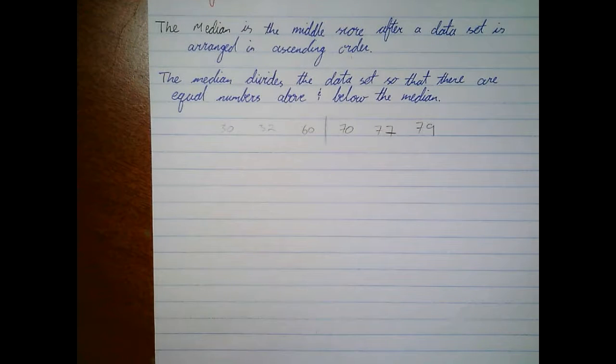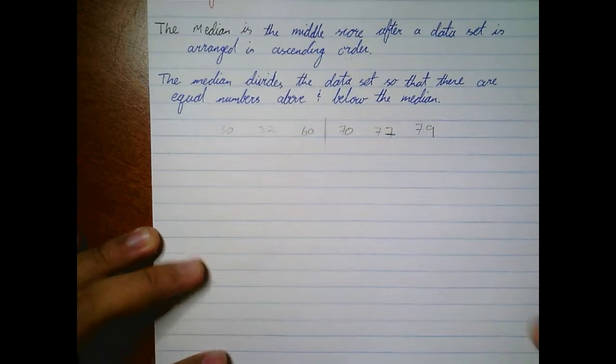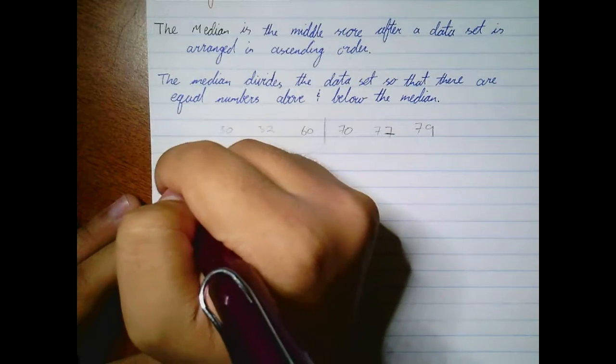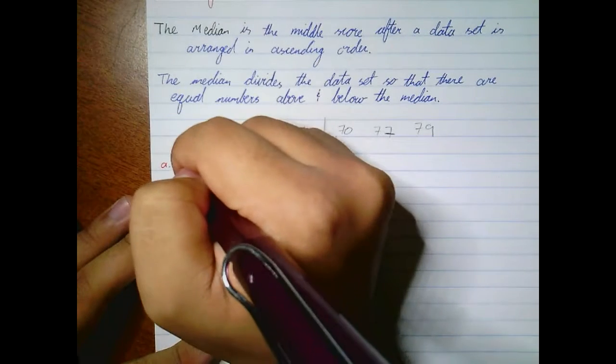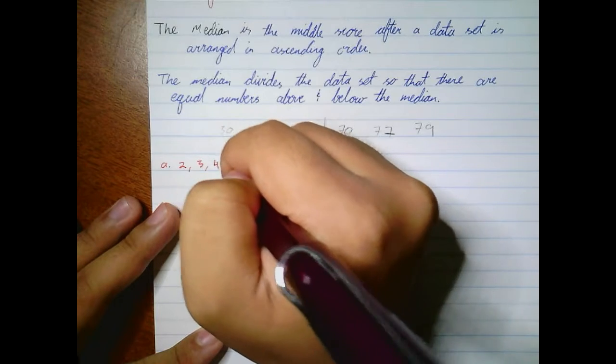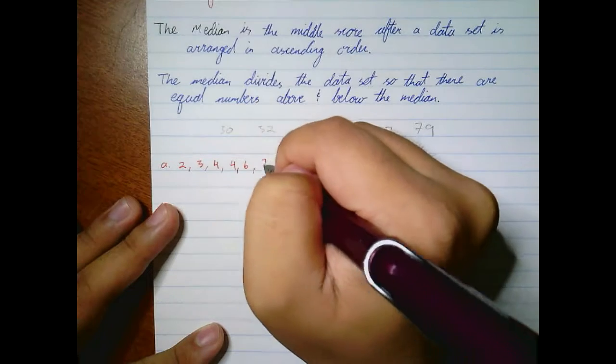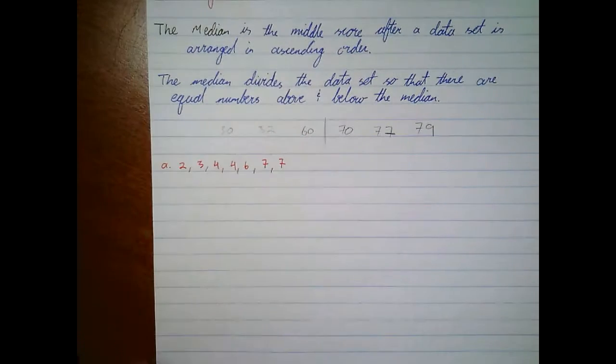For this video, I'm going to be going through the simple method of doing it with a small data set. So let's say we have a data set of 2, 3, 4, 4, 6, 7, and 7.